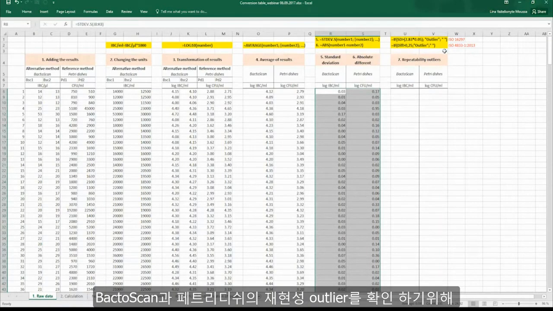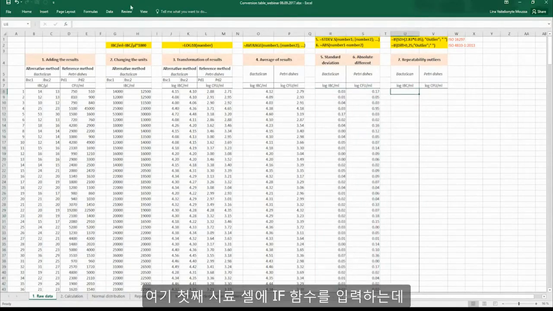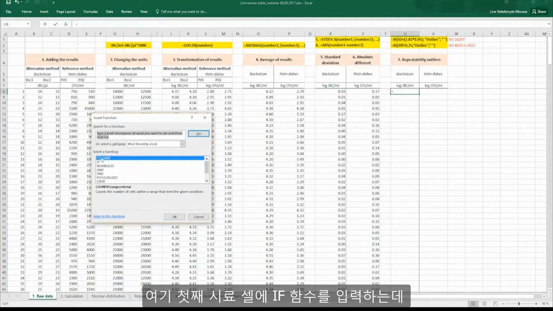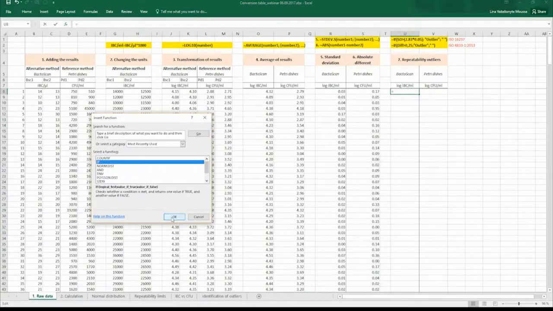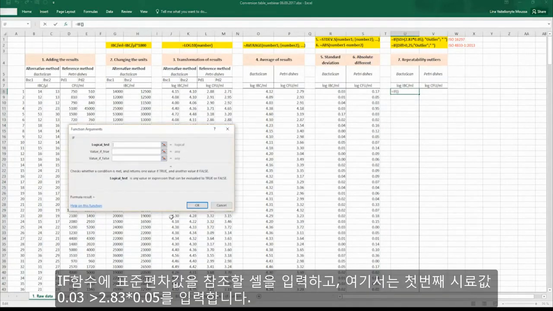To identify outliers where the repeatability for BactoScan and for Petri dishes is above the limits, we should choose the function IF, and then we type the cell which we want to compare.